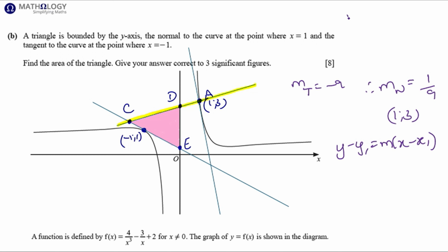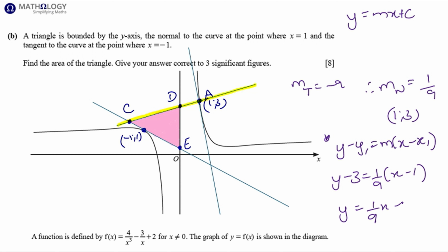We can also use y equals mx plus c. It's just far quicker to use y minus y1 equals m times x minus x1 to find the equation of a straight line. So y minus 3 equals 1 over 9 times x minus 1. y equals 1 over 9x minus 1 over 9 plus 3.